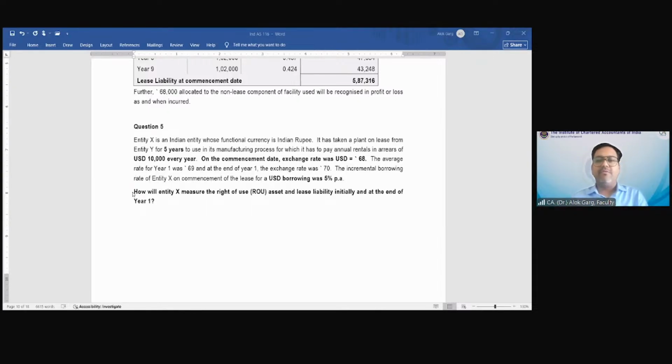First of all, what are my lease payments? First of all, just compute the right of use asset and lease liability in foreign currency, in US dollar, right? So how will I compute it? So let me do a computation.